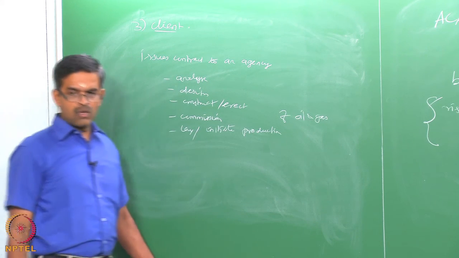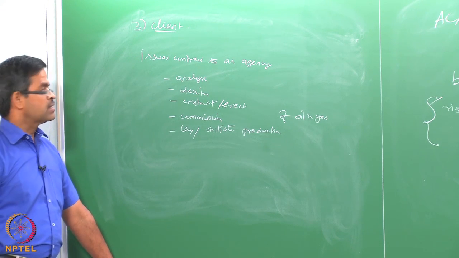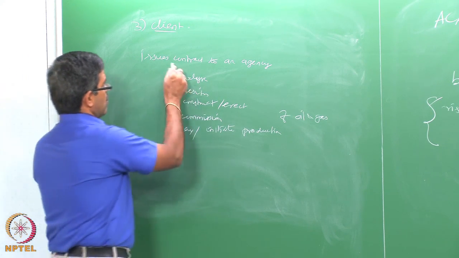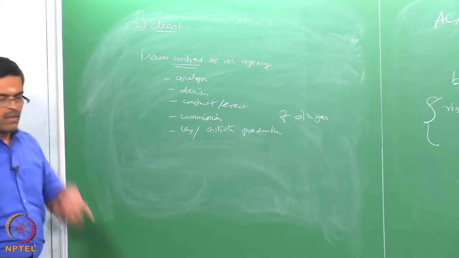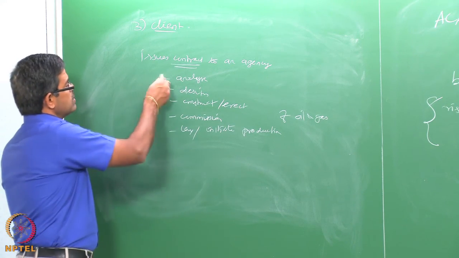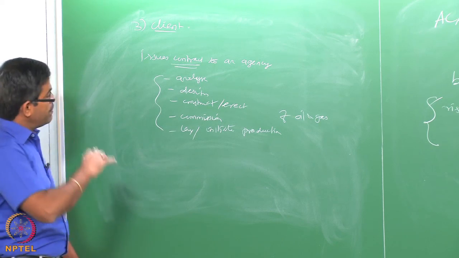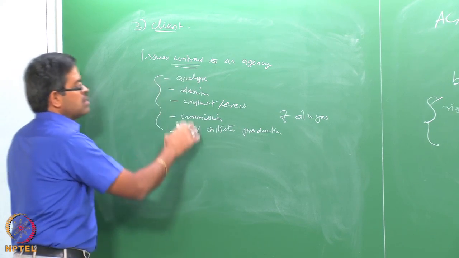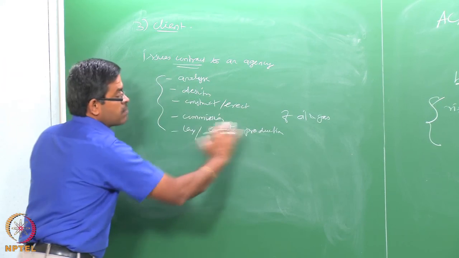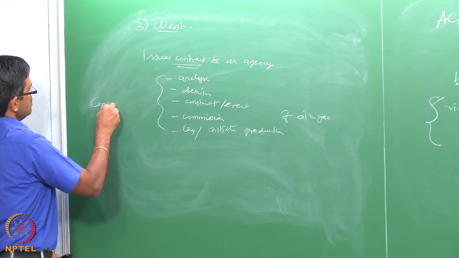The company does not do it by itself, it issues contract. The person who agrees to do this, or the team or the company who agrees to do all these activities together or segmentally, are called contractors.